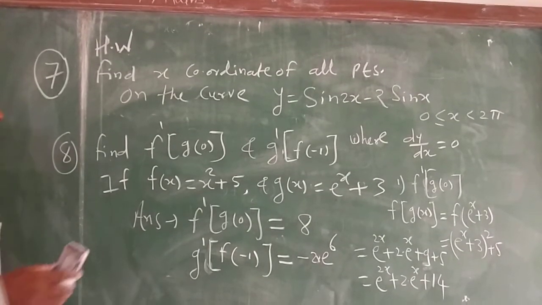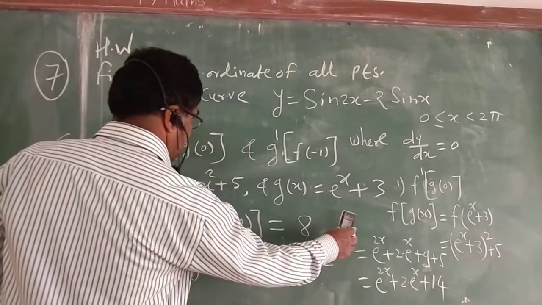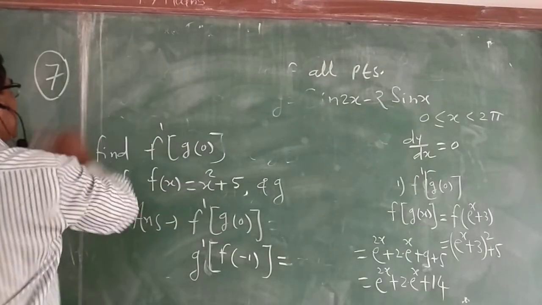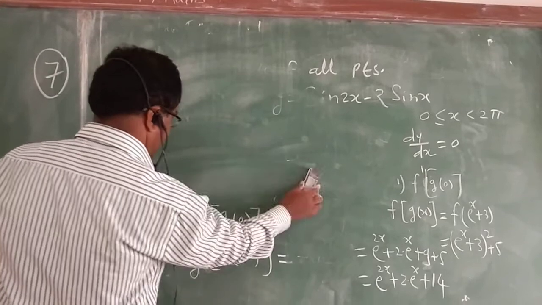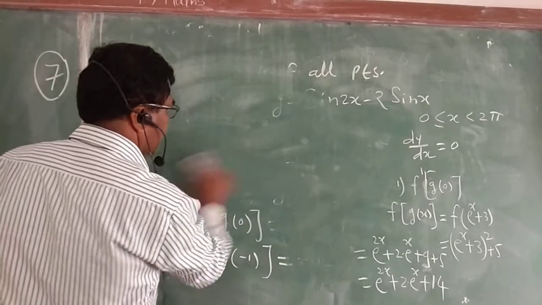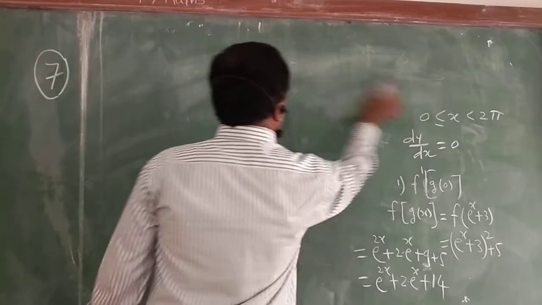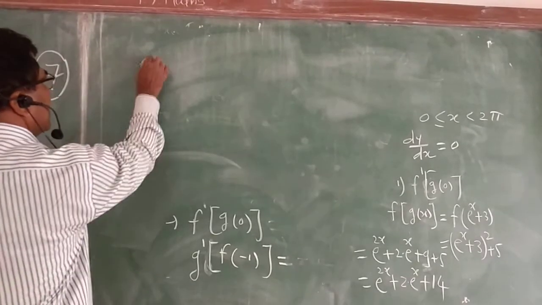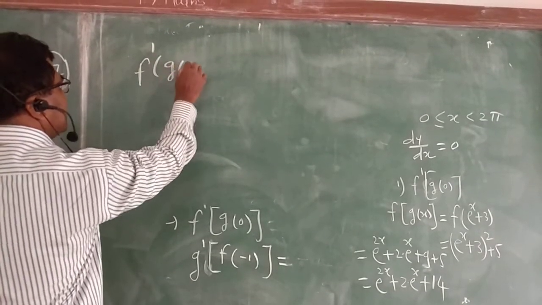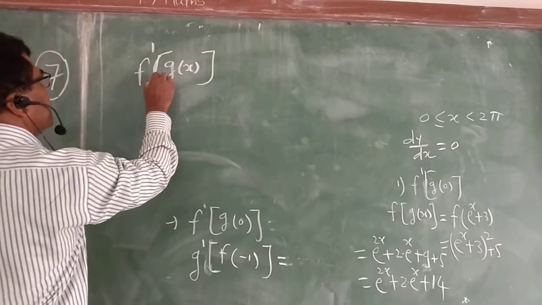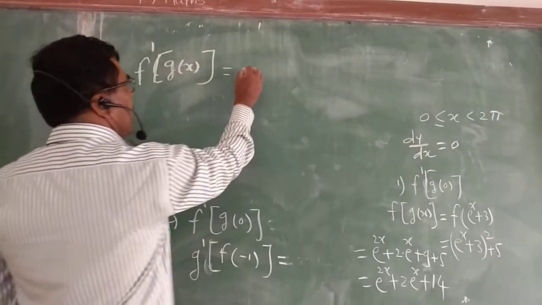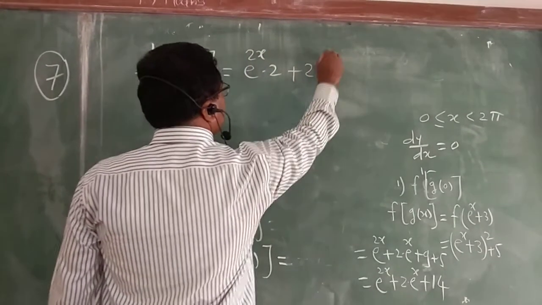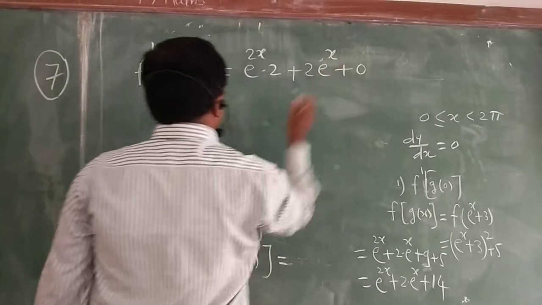Differentiate with respect to x. That is f dash g of x equal to e raised to 2x into 2 plus 2 into e raised to x plus 0.